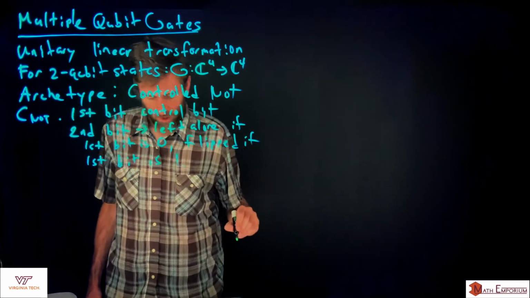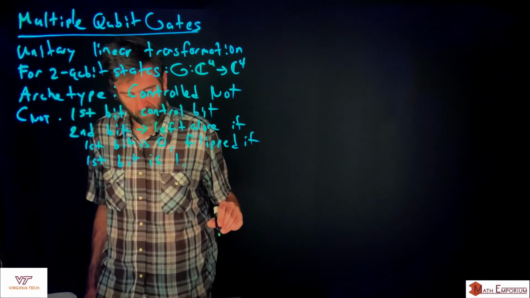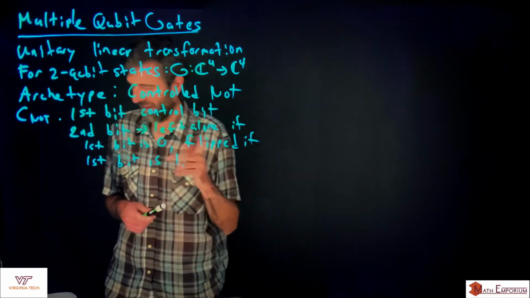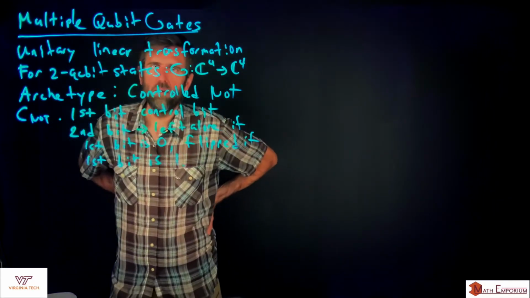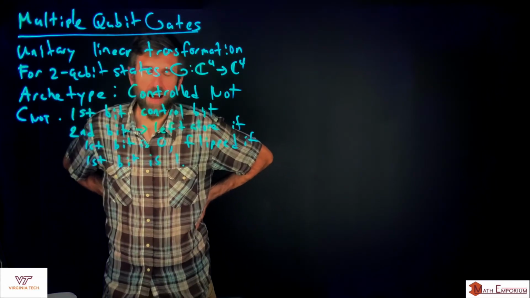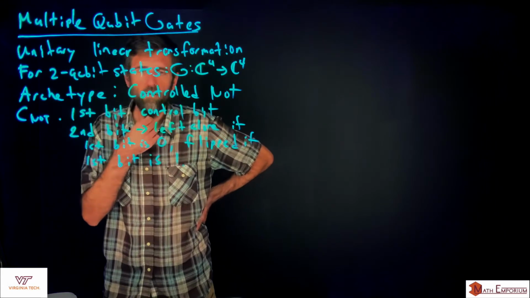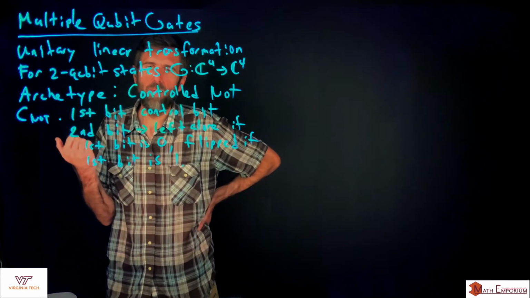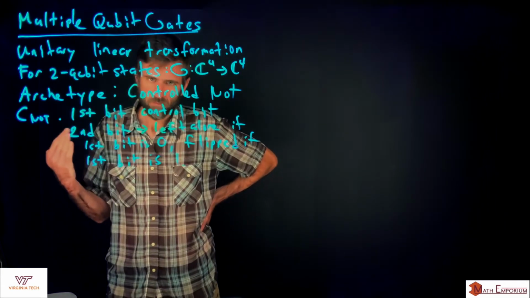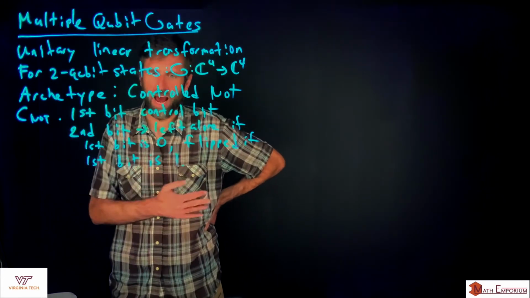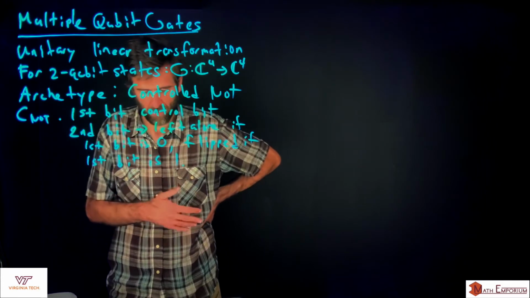All right, and so this should look a lot like the reversible XOR that we talked about when we were looking at the classical gates, right? We said if we do this XOR gate, we can't recover the original input bits, unless we put a bit that's keeping track of what one of the original bits was.